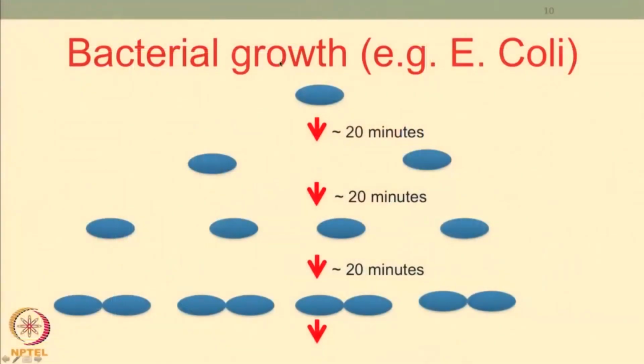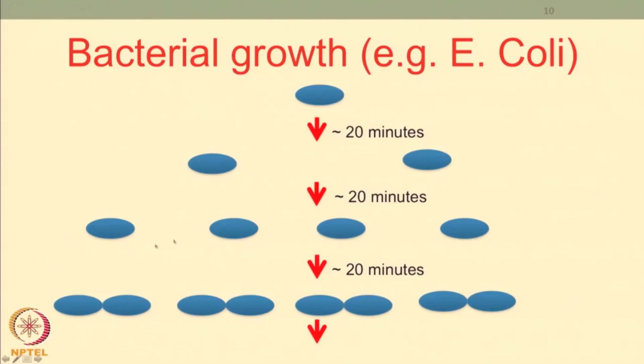The classic example that we know is bacterial growth. Take E. coli, for example. We have one cell. In about 20 minutes, it divides and becomes 2 cells, and in another 20 minutes, each of them divides and becomes 4 cells.